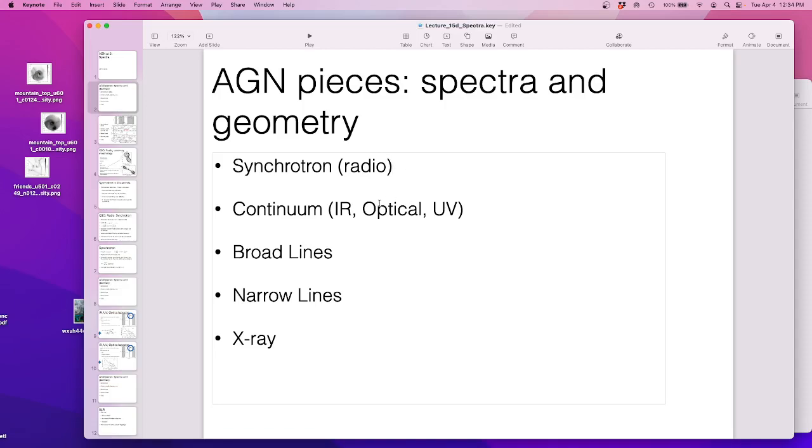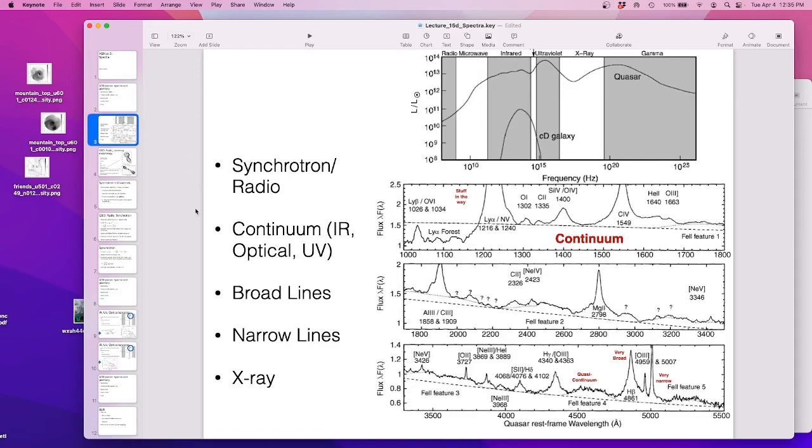We'll talk about the continuum emission, which is in the infrared, optical, and UV. We'll talk about broadline regions for a little bit because even though they're not a huge chunk of the picture, they're a really useful chunk of the picture. We'll talk about narrow line regions and we'll talk about X-rays. So this is what our continuum looks like.